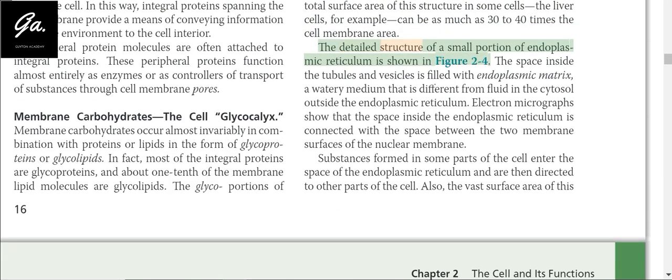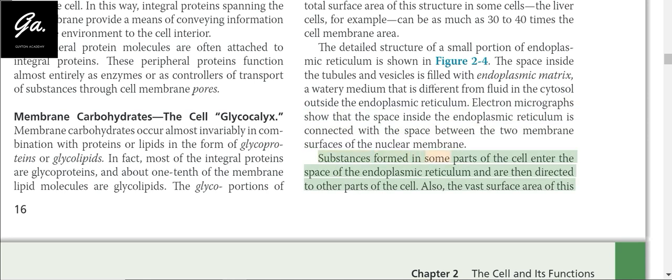The detailed structure of a small portion of endoplasmic reticulum is shown in Figure 2-4. The space inside the tubules and vesicles is filled with endoplasmic matrix, a watery medium that is different from fluid in the cytosol outside the endoplasmic reticulum. Electron micrographs show that the space inside the endoplasmic reticulum is connected with the space between the two membrane surfaces of the nuclear membrane.